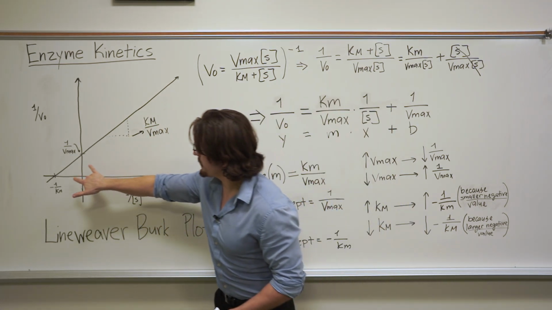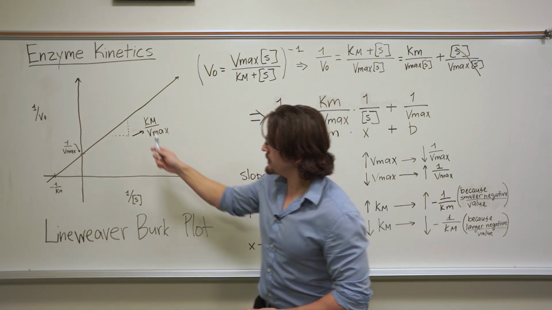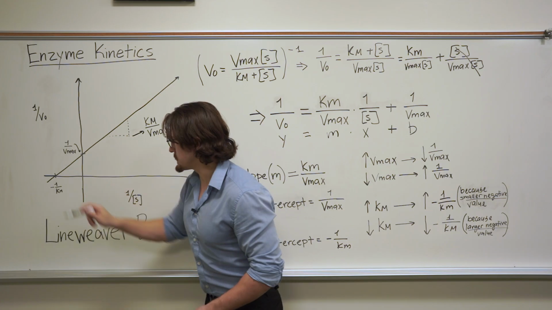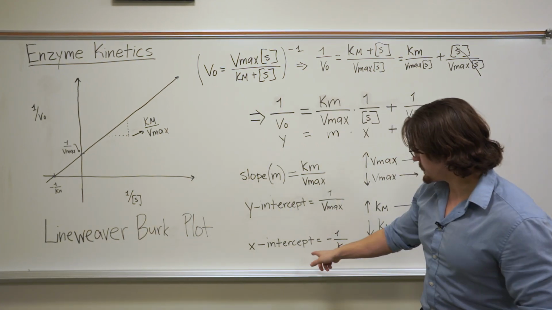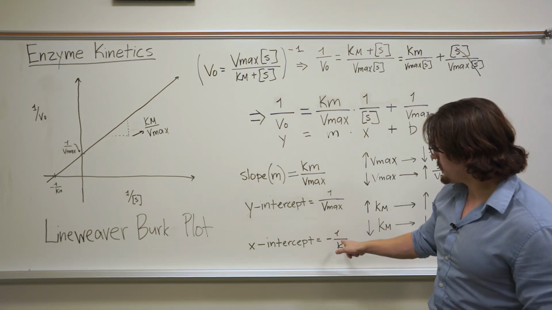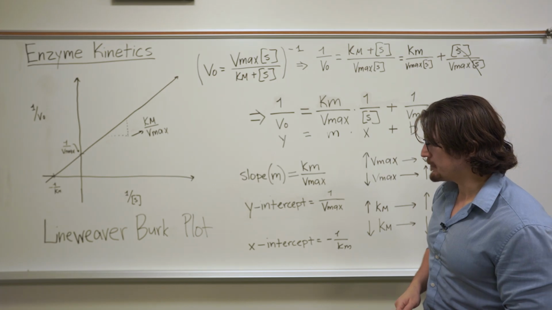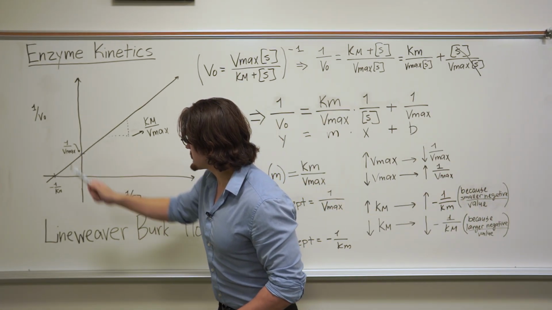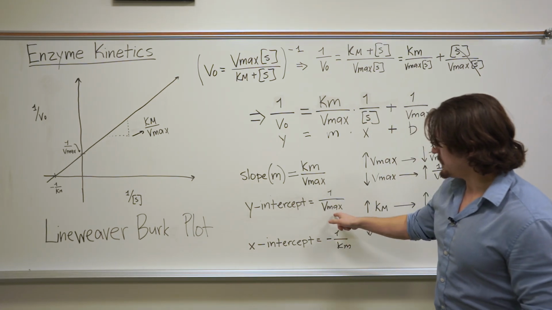And then we have two other really important points. One of these is where the line intersects the x-axis. That's the x-intercept, and the x-intercept is going to be negative 1 over Km. And then the y-intercept b, where it intersects the y-axis, is 1 over Vmax.